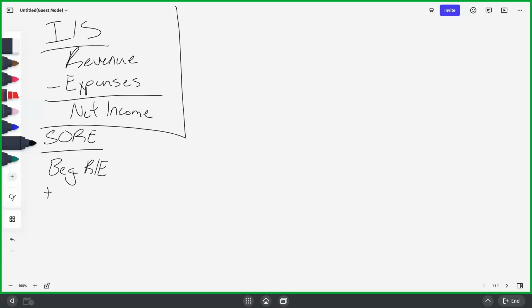Adding. What's next? Minus dividends. What does that equal? Ending retained earnings. Can you ever do retained earnings before doing the income statement? Perfect.